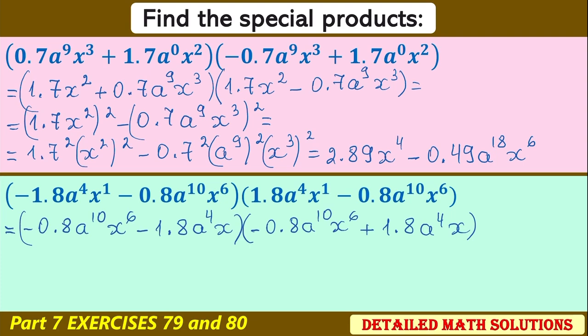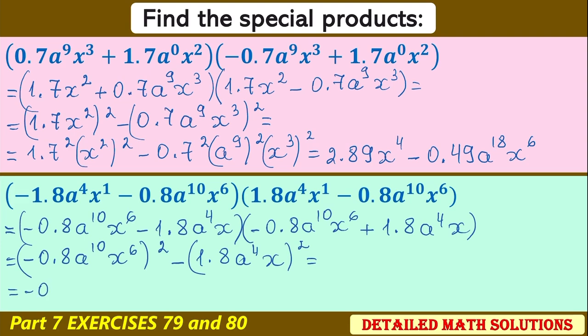This way, minus 0.8 a to the 10th power x to the 6th power will correspond to the a in the formula, and 1.8 a to the 4th power x will correspond to the b in the formula. Therefore, this will equal (minus 0.8 a to the 10th power x to the 6th power) squared minus (1.8 a to the 4th power x) squared.